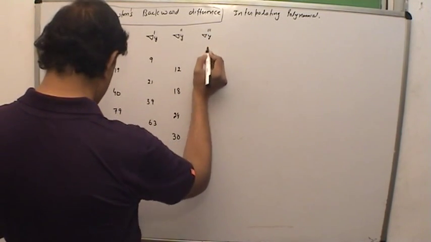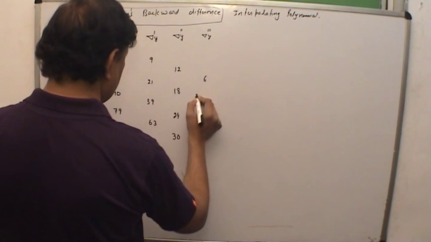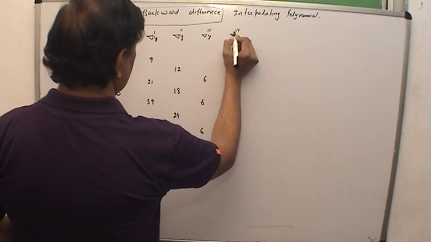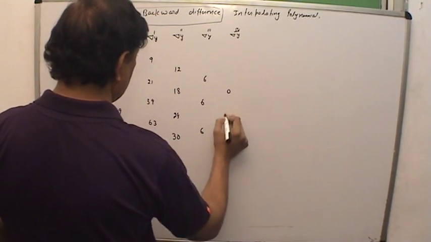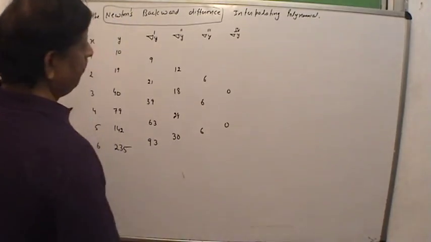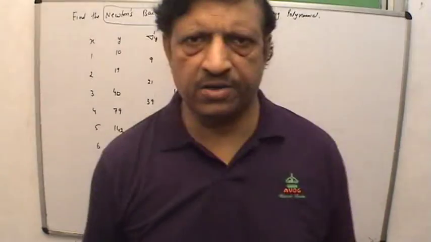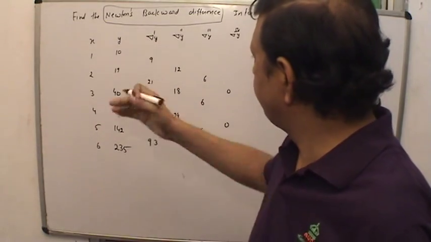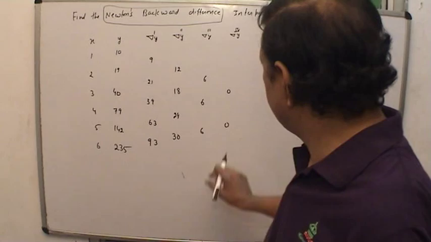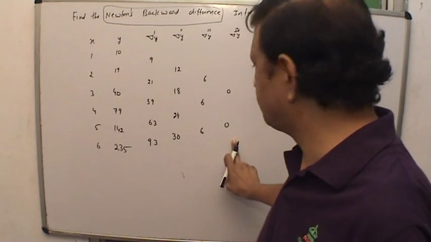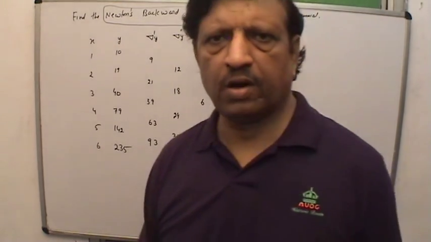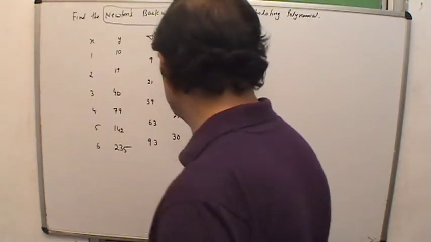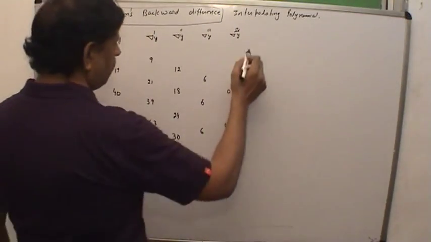Delta 3 y is equal to 6, 6, 6. And delta 4 y is equal to 0, 0. In that case, we terminate our process for the difference table when there are all zeros in a column, or until we reach a single value. The procedure is somehow the same.